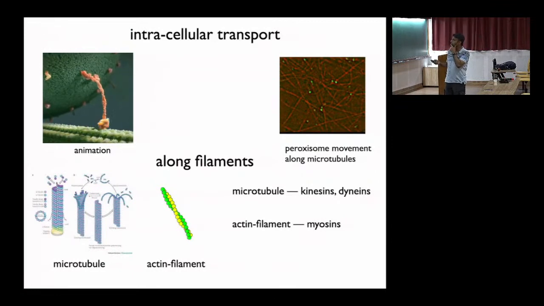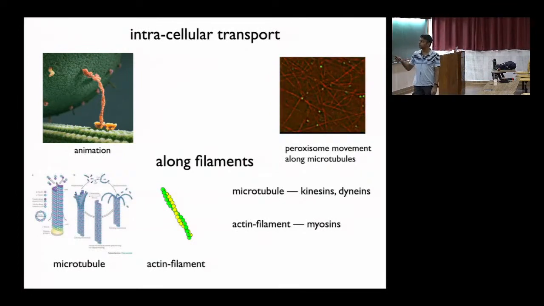Also, if you look within a cell, at certain kinds of cargos here, peroxisomes, moving along microtubules, they go forward and backward in some of these trajectories, because the microtubules are not all aligned in the same direction. Some are anti-aligned, so they go from the negative side to the positive side.